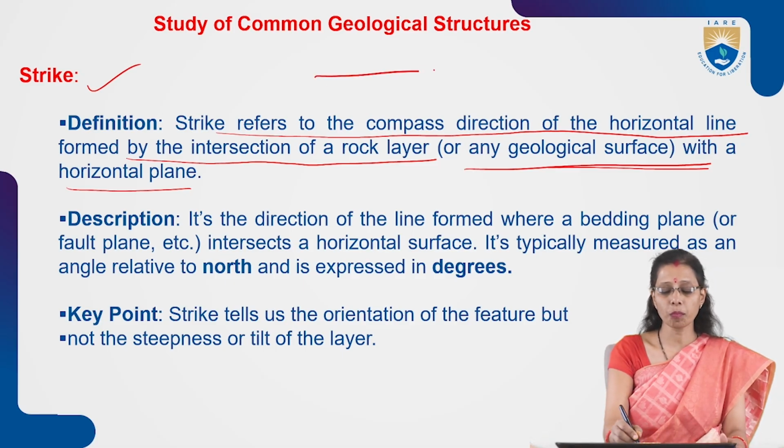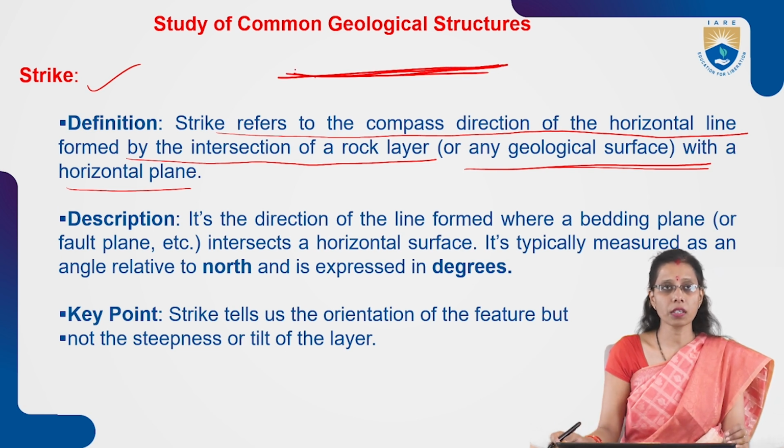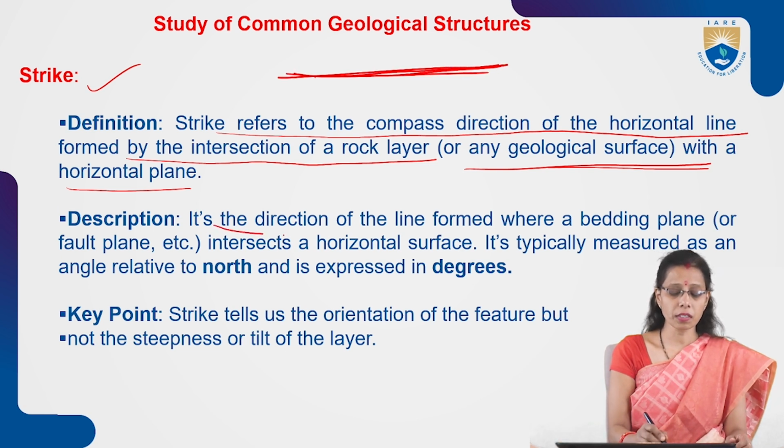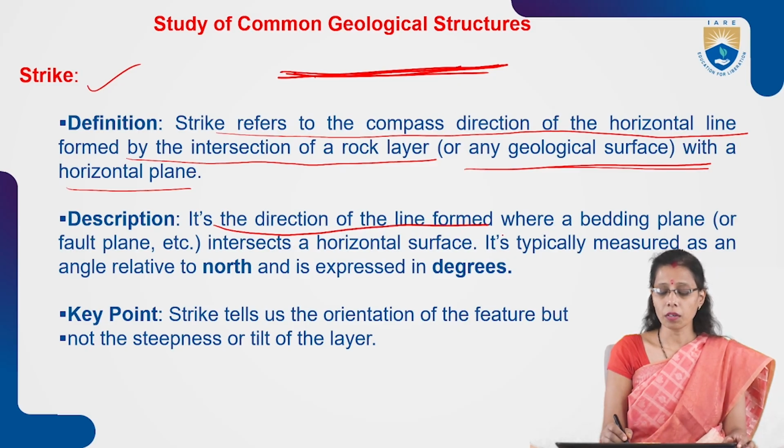On the surface, the line from here to here, we call it the horizontal plane. Now the description: it's the direction of the line, as we can see here, formed where a bedding plane, fault plane, etc. intersects a horizontal surface.